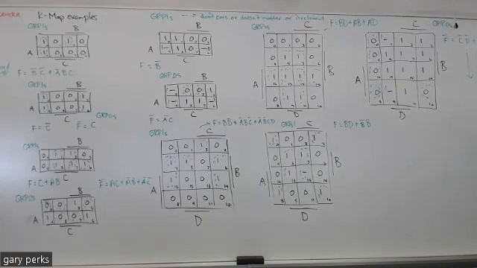But if we want the reduced POS for F, we would start with the reduced SOP for not F, right? Just like last class, we weren't doing reduced equations, we were doing non-reduced, but if we wanted non-reduced POS for F, we started with non-reduced SOP for not F. Because anytime you go from SOP to POS, everything inverts, right?